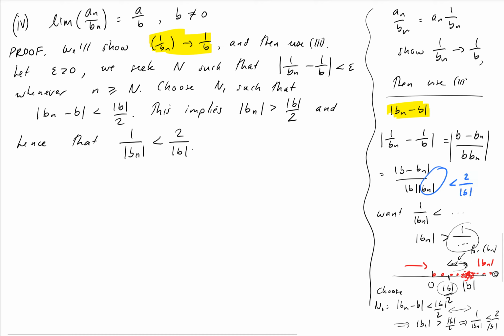I now want to choose another n, so that this piece here altogether is going to be less than epsilon. We want epsilon overall, so to counteract some of that stuff, we're going to have epsilon times absolute value of B over 2, aren't we?